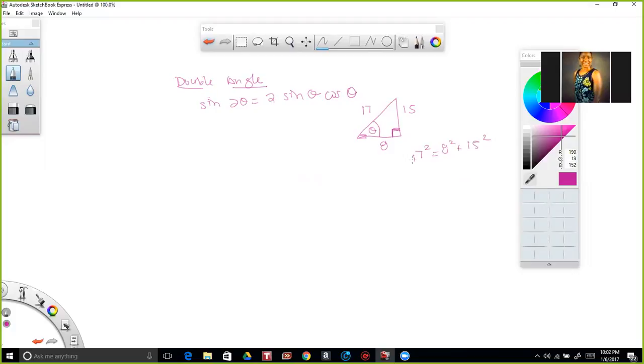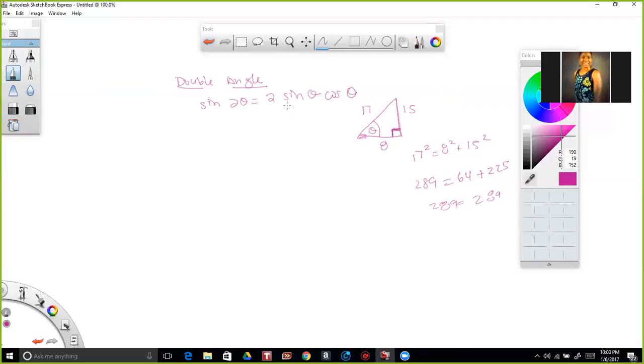So if we do that, we can verify that it's a right triangle. 17 squared is 289, and 8 squared is 64, and 15 squared is 225. Then 225 plus 64 is 289. So right away, that is a right triangle. So we can go ahead and put our right angle right here because it is a right triangle.